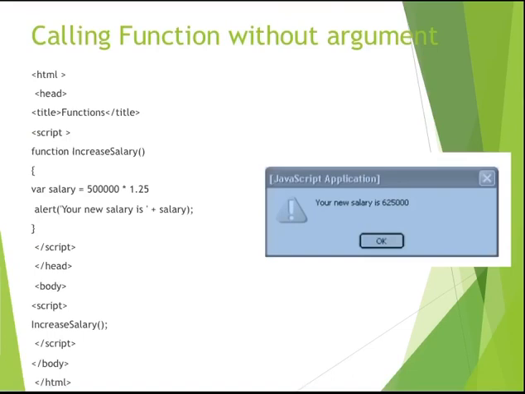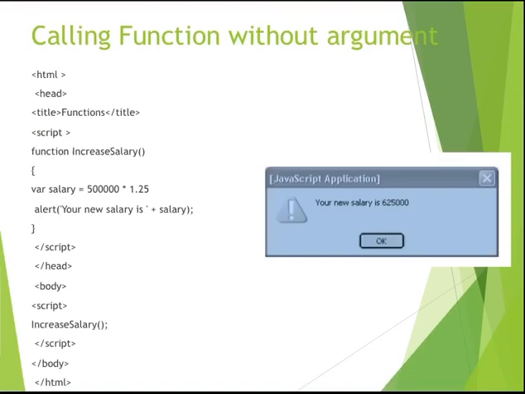Then we display an alert: your new salary is, plus salary. Salary will give the exact value that is stored in the salary variable. Once the definition of the function is done, close the curly bracket, then close the script tag and close the head tag.